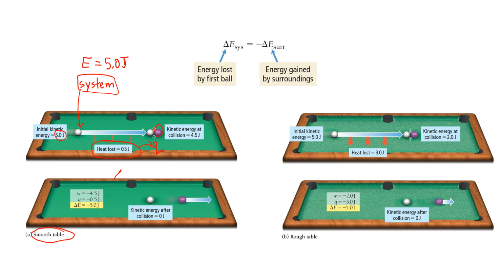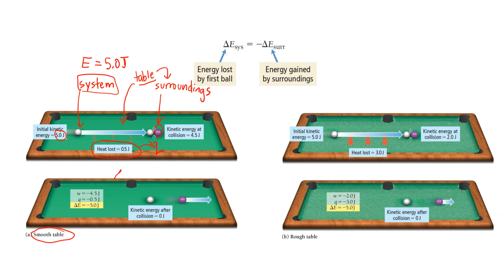And that 4.5 joules of energy is going to do work on the purple ball. And the purple ball you can describe as the surroundings. You can also describe the table itself as surroundings. So you have the table as the surroundings, and you also have the purple ball.